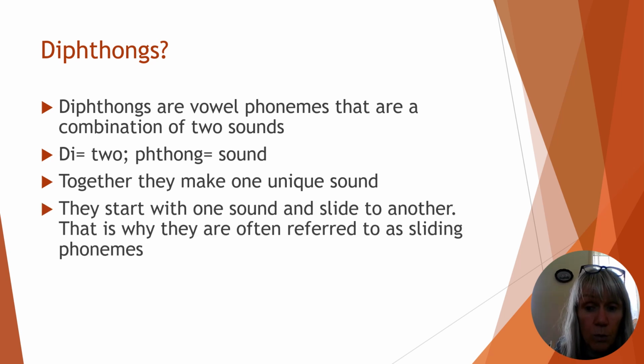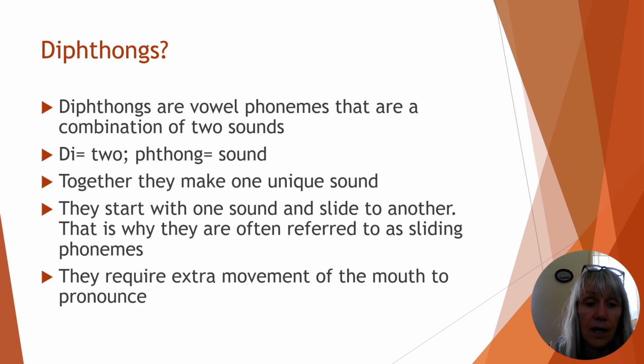They start with one sound, and we have to manipulate the mouth to slide to another sound. That is why they are often referred to as our sliding phonemes. Diphthongs are our sliding phonemes. They require extra movement of the mouth to pronounce.